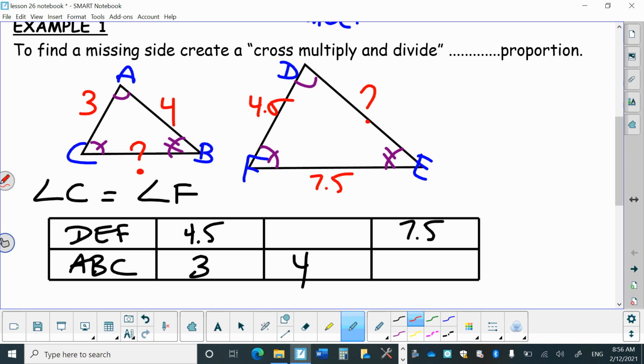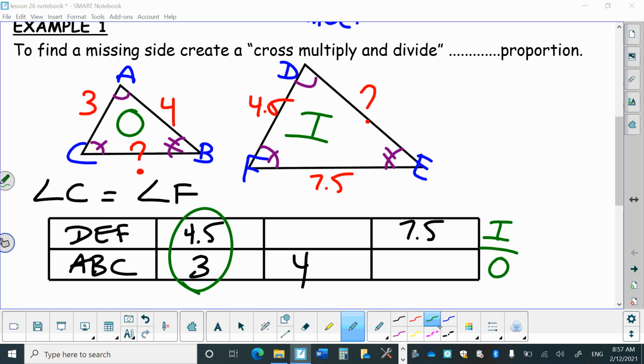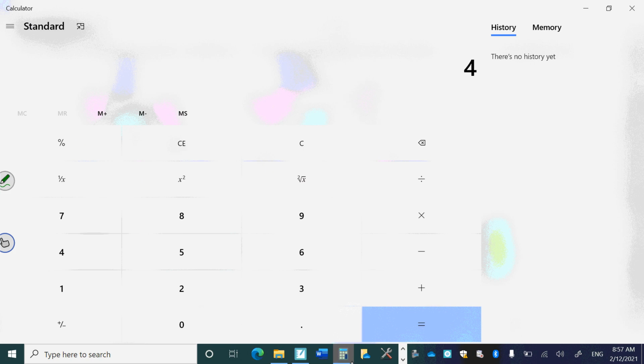I need to either look at the image that I drew in red or look at my table to fill in. Now, they didn't give me a scale factor, so you need to pick what your scale factor is. You could keep it as is, image over original, so therefore DEF is your image and this is your original. So you label it, that's the only difference. Then if I pick corresponding sides, 4.5 divided by 3 is 1.5.